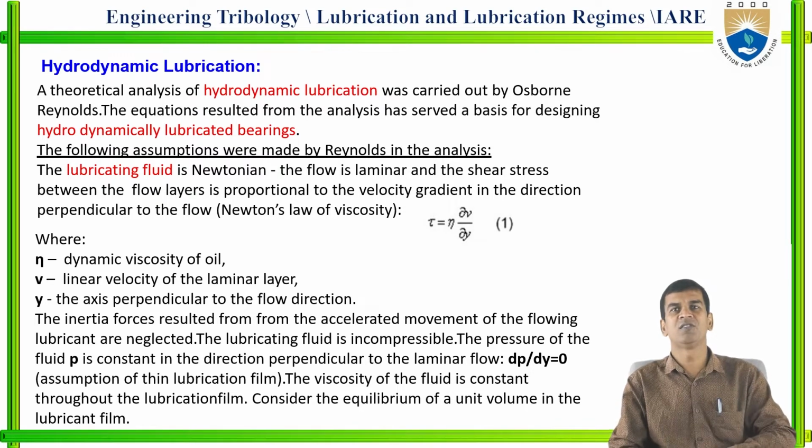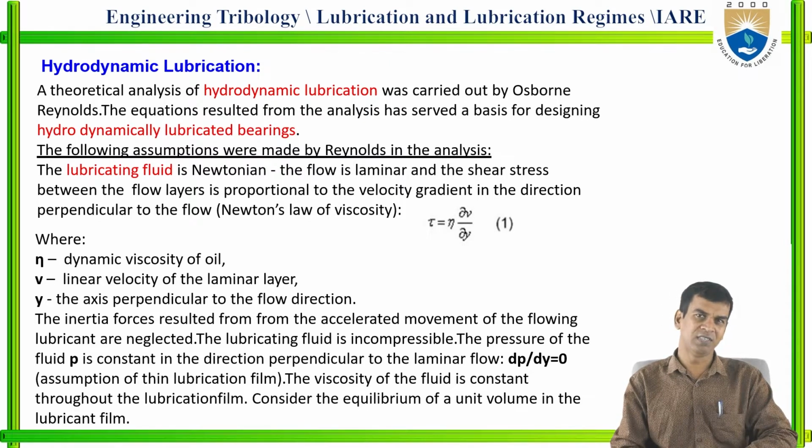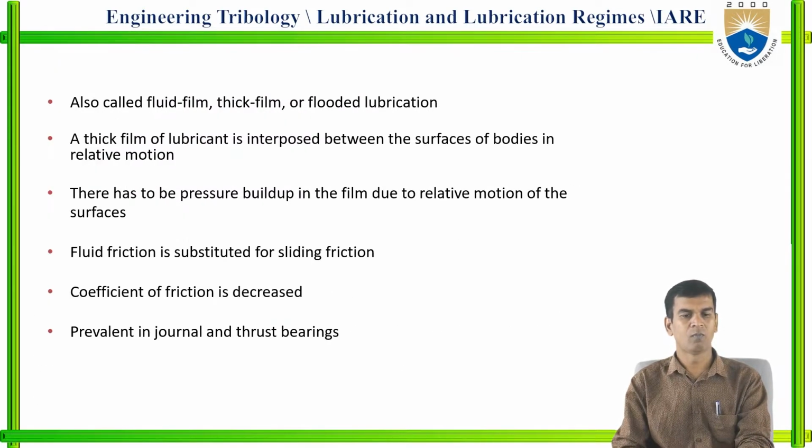That is Newton's law of viscosity: shear stress tau is equal to eta times dou v by dou y, where eta is the dynamic viscosity, v is the linear velocity of the laminar layer, and y is the axis perpendicular to the direction of flow. In general, in hydrodynamic lubrication, all movement of the lubricant is governed by Newton's law of viscosity.